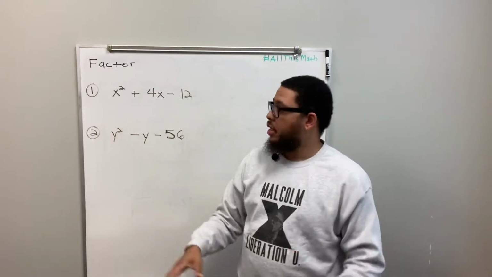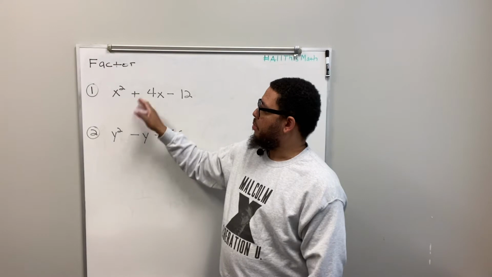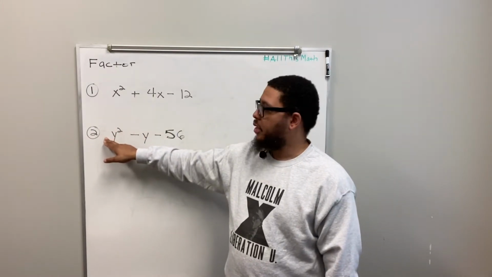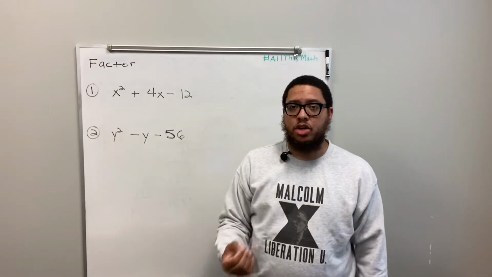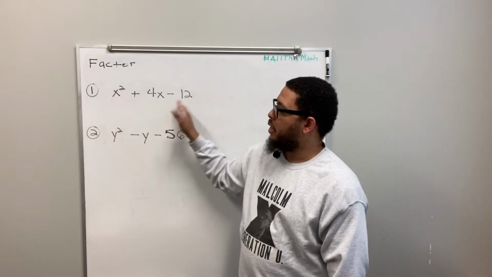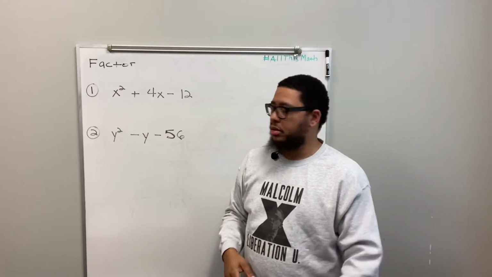If it was a 4, you have to write it. But like right here in number 2, there's no number written in front of y squared, or in front of the x squared. That's called the lead coefficient because it's part of the lead term. This term is the first term in the expression. The first term is your lead term, and the lead term has a lead coefficient.